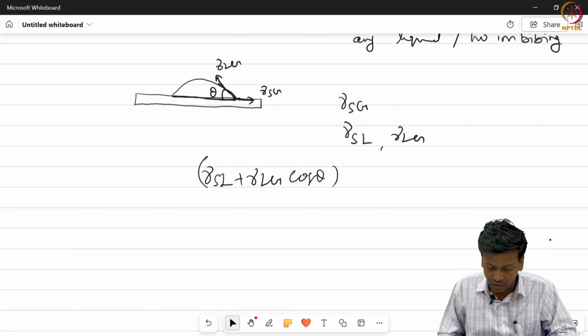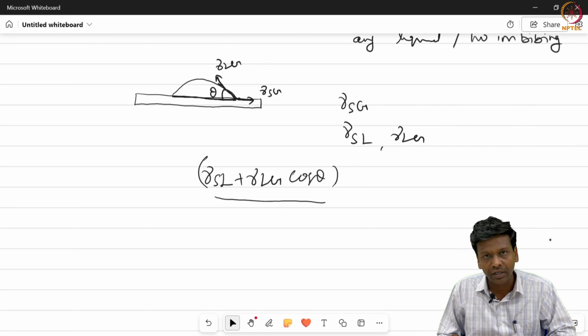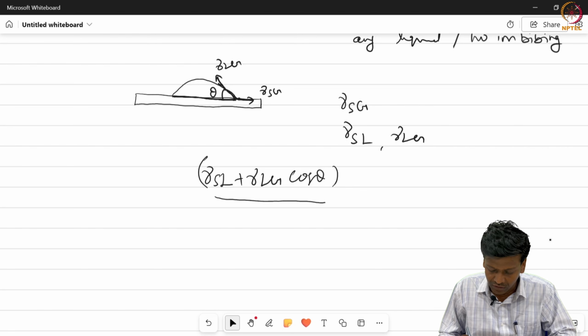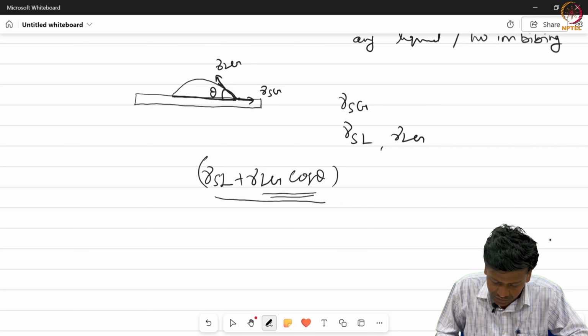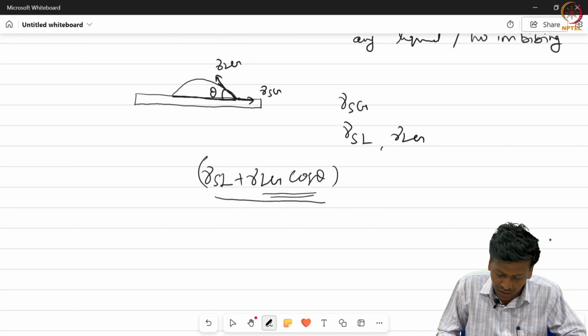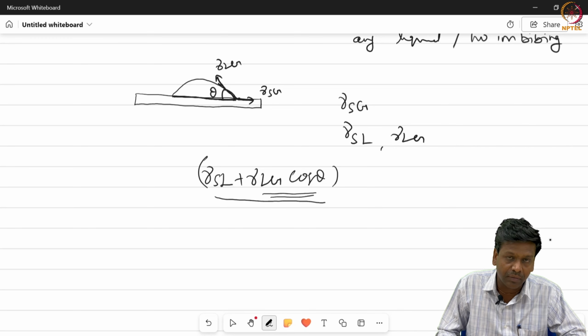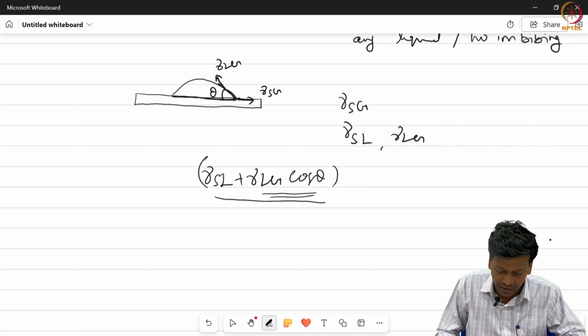One will be the sum total of gamma SL and gamma LG cos theta. The other one will be gamma SG, right? So why this cos theta is coming into the picture is because gamma LG is the liquid surface tension associated with the gas, because it establishes a surface at some angle that is called theta.